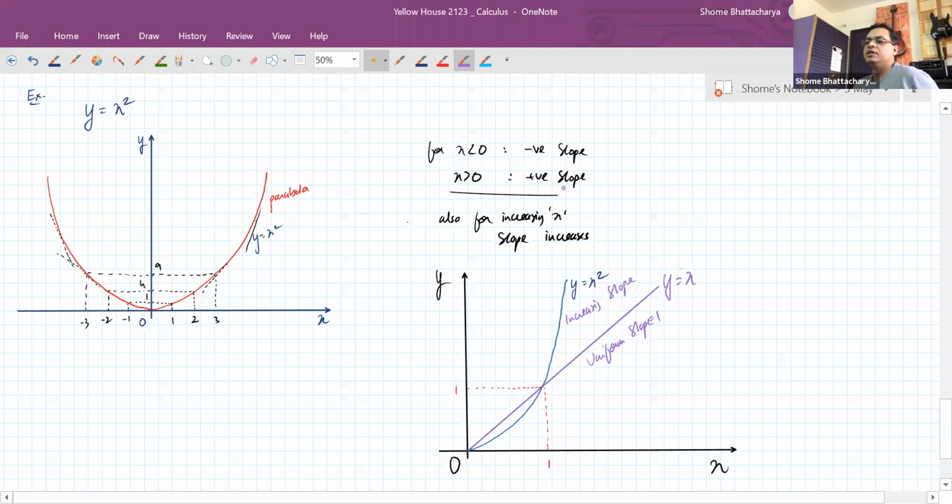Now, how much that slope is, we'll discuss later today. We'll see that if we draw a particular point, we can find the slope of the tangent at that point by using what is called the differentiation of y with respect to x.